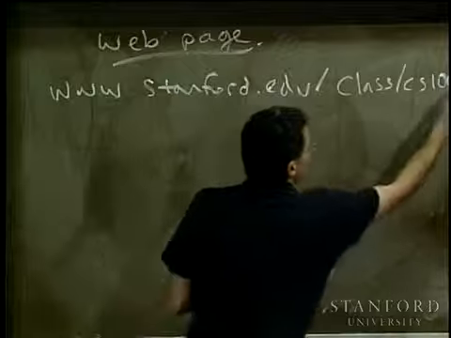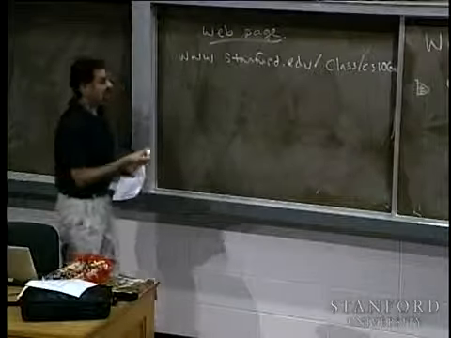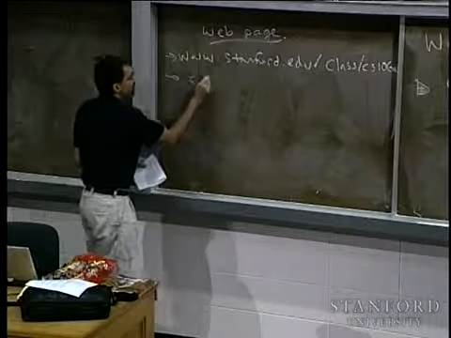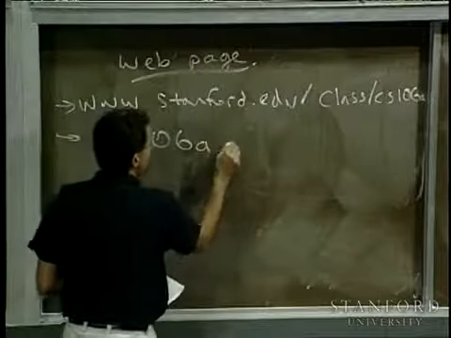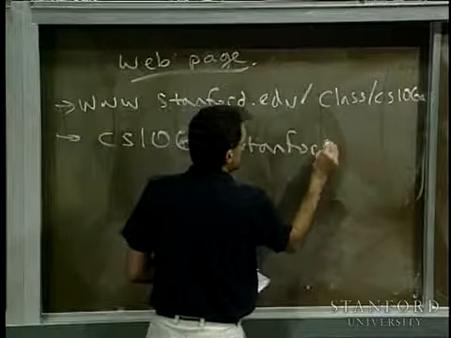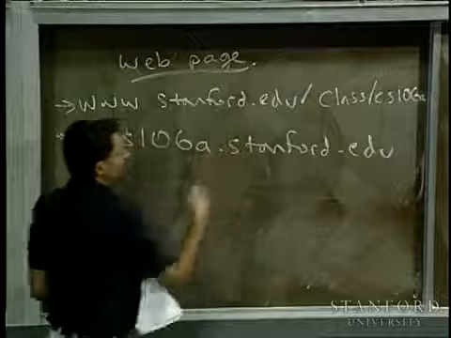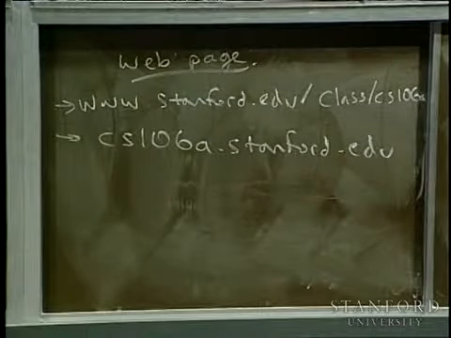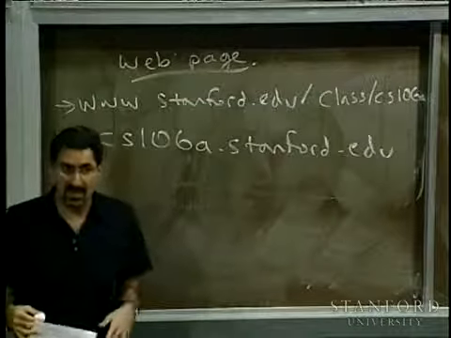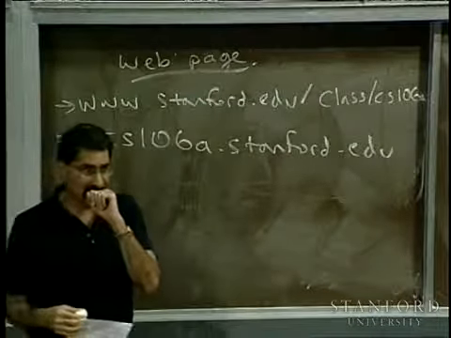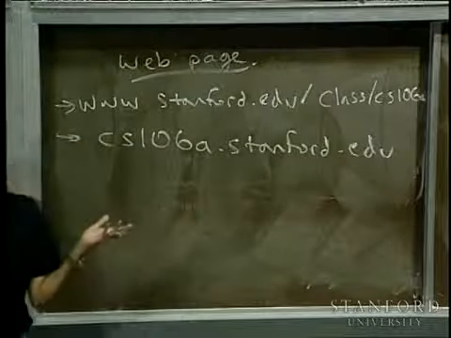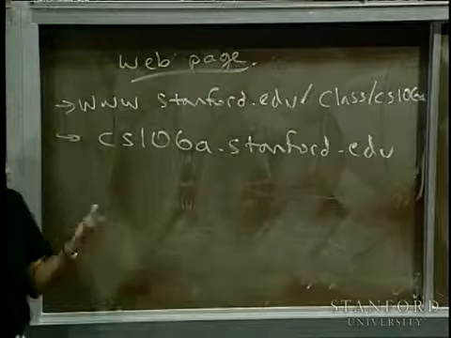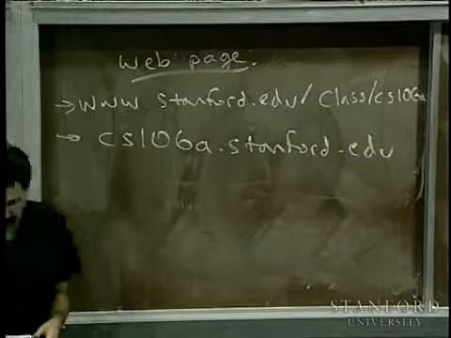And because that's a whole bunch to remember, we make your life easy, and so there's an equivalent form of the URL, which is just cs106a.stanford.edu, which is the easy thing to remember. You put that in, it'll take you to the class webpage. You should check that regularly because all the announcements and handouts are there. We'll give out hard copies of all the handouts in class, but should you happen to miss class for whatever reason, you can find them all on the webpage and print them.